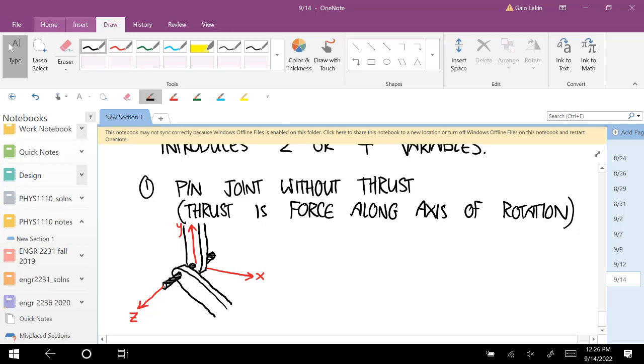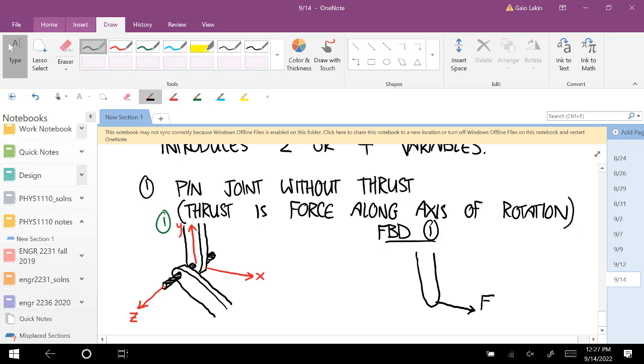So if this is body one, a free body diagram of body one looks like this. So there is a force vector applied along the x-axis because that body can't translate through that pin. Okay.